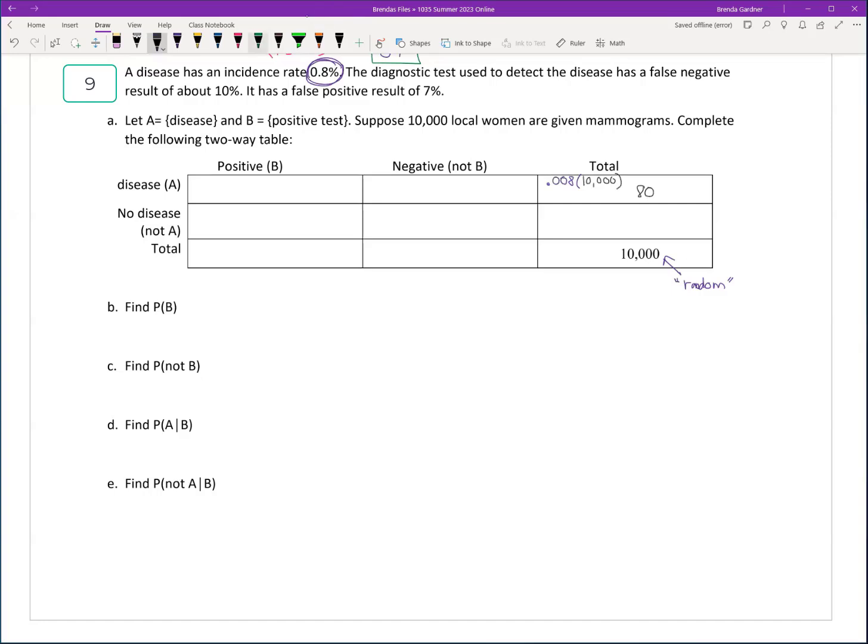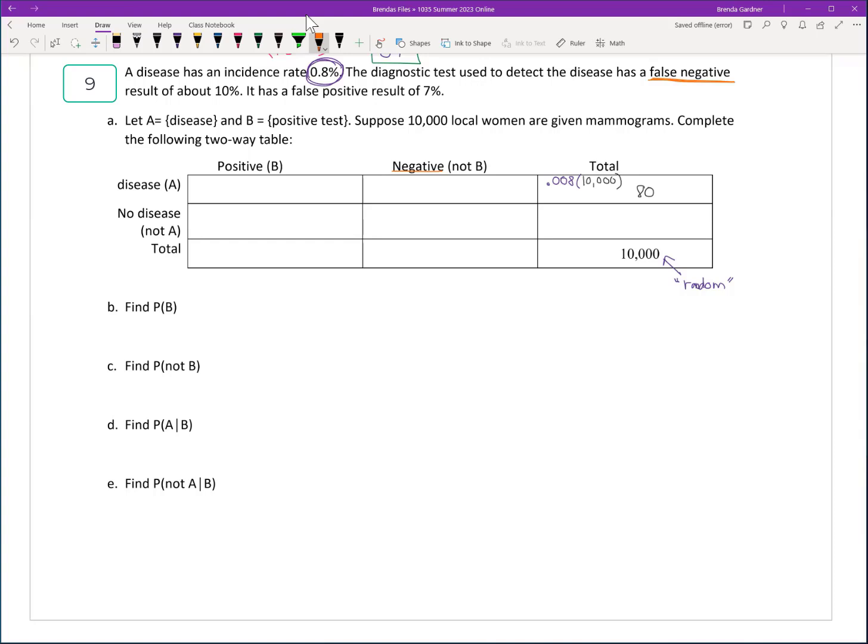Let's jump to our next percent and see what to do with that. The diagnostic test used to detect the disease has a false negative. Let's think about what that means and where that number would go. False negative, obviously negative means I'm going to look for that middle column of negative. And false means that they would have the disease, but they were told that they were negative.